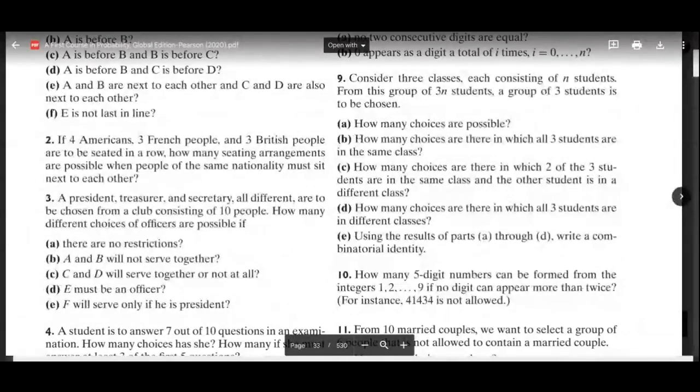Any other questions? Tom, good to see you here. Hi. Are the midterms online? Midterms will be online.